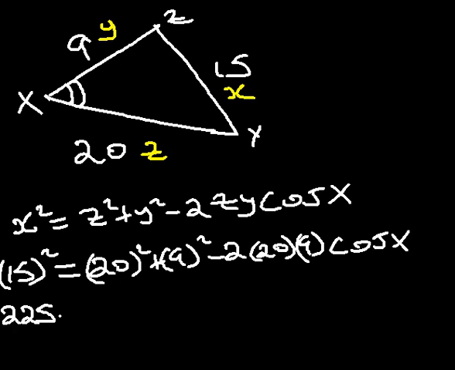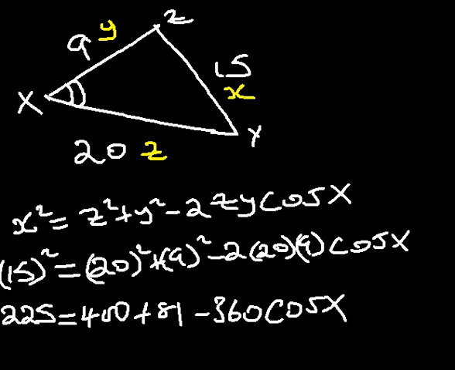So we have 225, which is equal to 20 to the power 2, that is 400, plus 81, minus 2 times 20 times 9, which is negative 360, times the cos of angle X. That's what we're looking for.